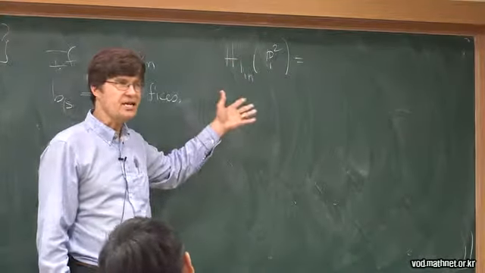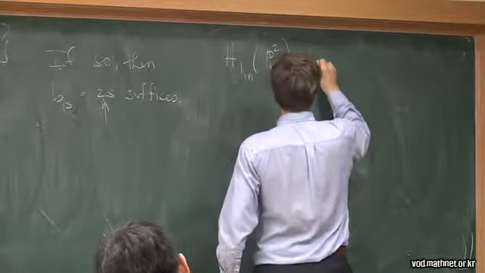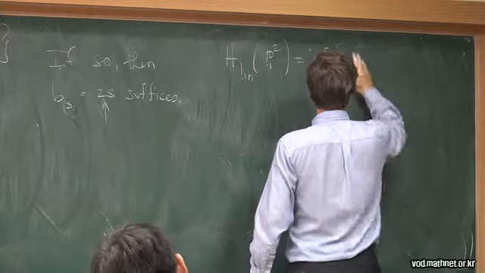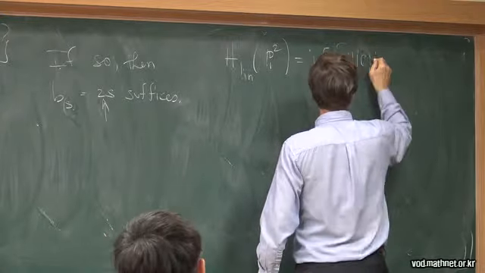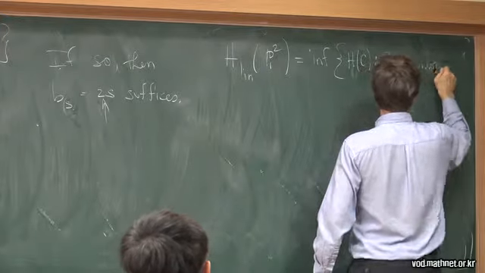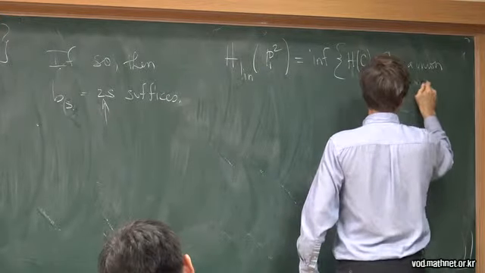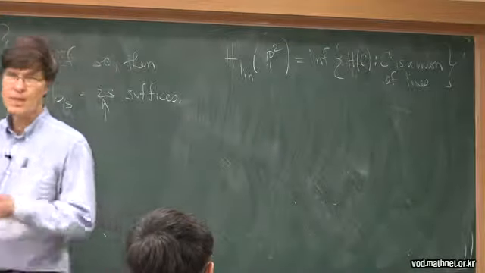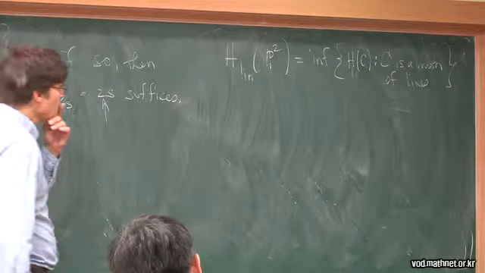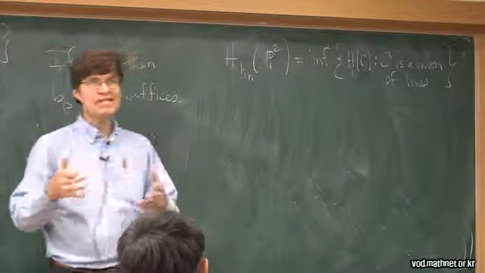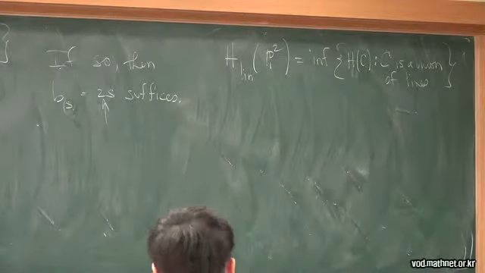The linear H constant is going to be the infimum of the values of HC, where C is a union of lines. So it turns out, let me summarize some of the facts that are known.